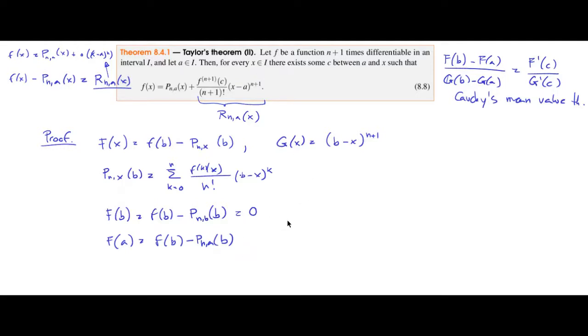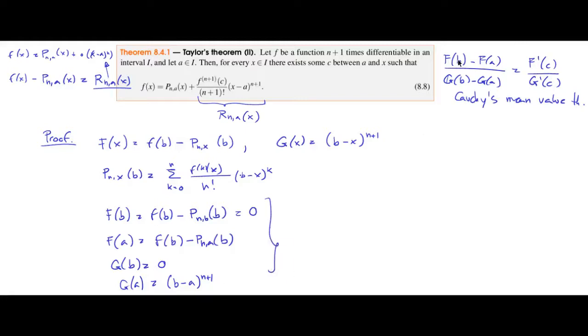And then we have G at b is going to be 0 again, and G at a is going to be (b minus a) to the n plus 1. Yes, b minus a to the n plus 1.